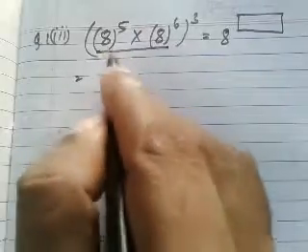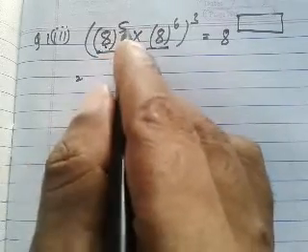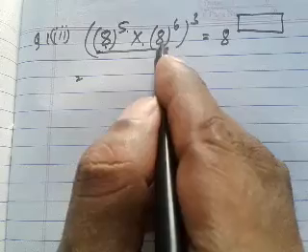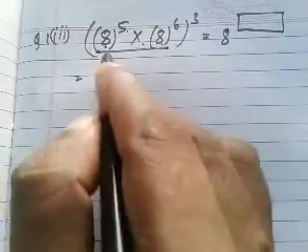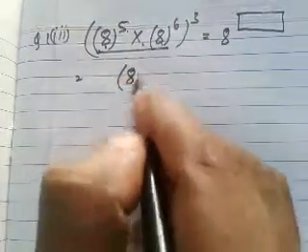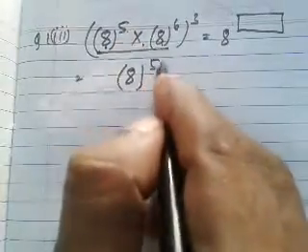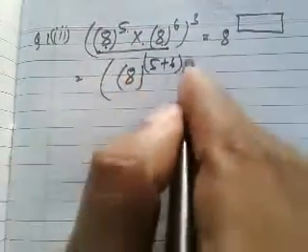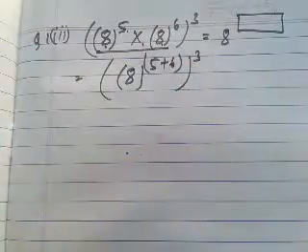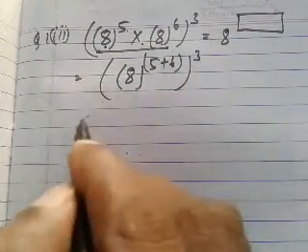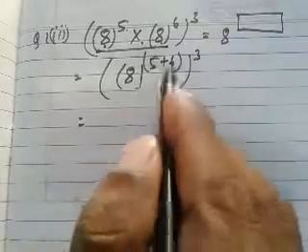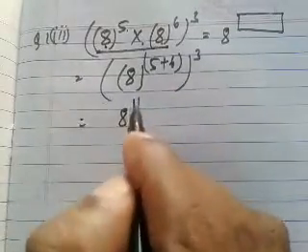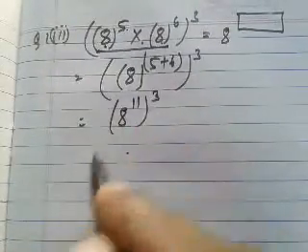So first of all, 8 raised to the power 5 multiply with 8 raised to the power 6. It means we can write 8 as a base and the power 5 plus 6, and its power is 3 as a whole. So 8 raised to the power 11 here and its power is 3.